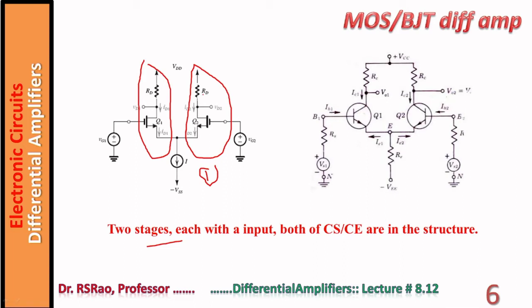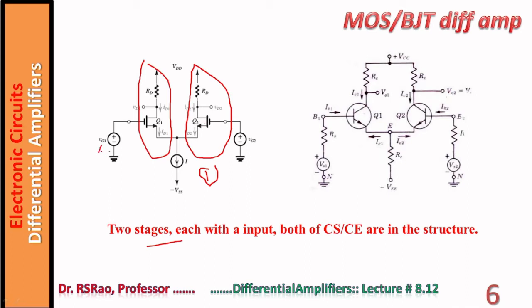Similarly, Q1 and Q2, these two transistors, must be identical. In reality, that level of identity is not possible, but we begin the study assuming that both stages are identical. RD in the first stage is identical with RD in the second stage, and transistor Q1 is identical with Q2.